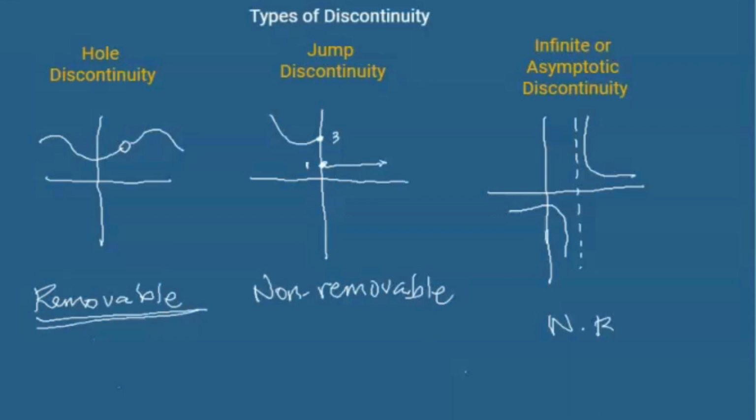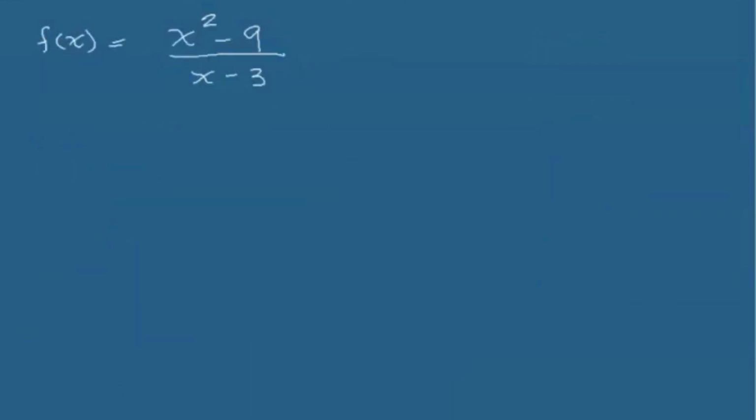So let's try some examples in identifying or classifying discontinuity. Determine whether this function is continuous or not, and if not, classify it as removable or non-removable, jump, or infinite or asymptotic discontinuity. We have f of x is equal to x squared minus 9 over x minus 3.